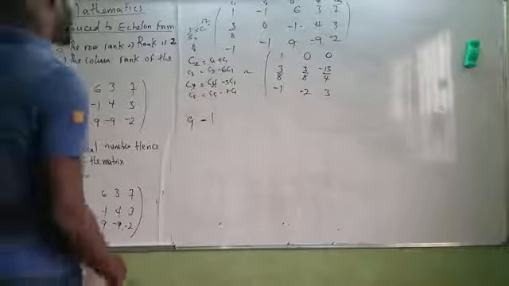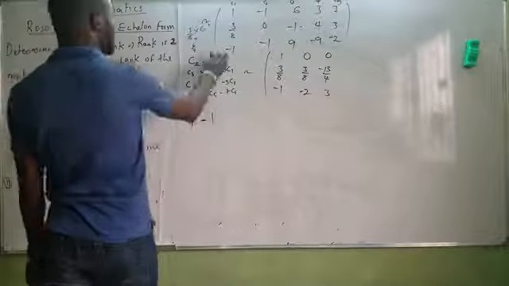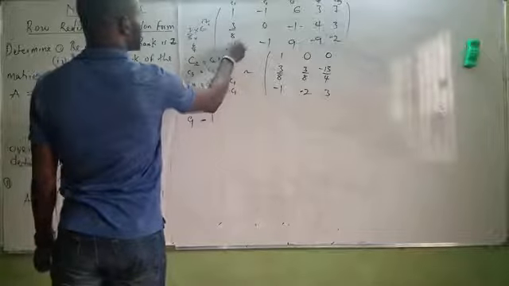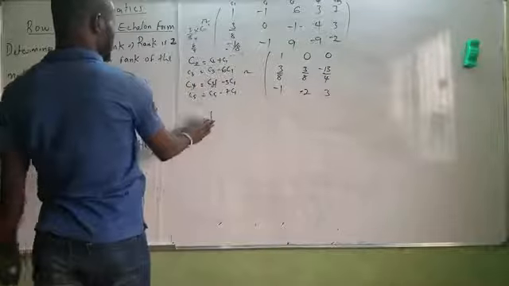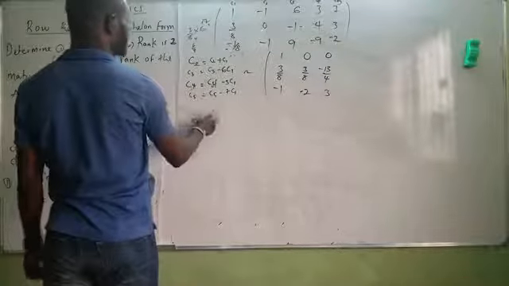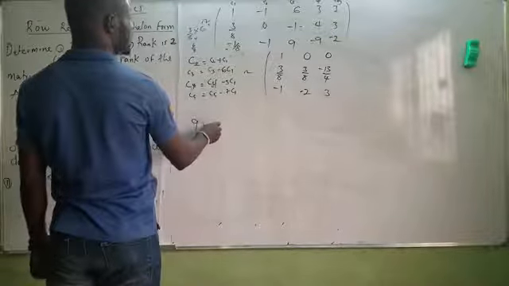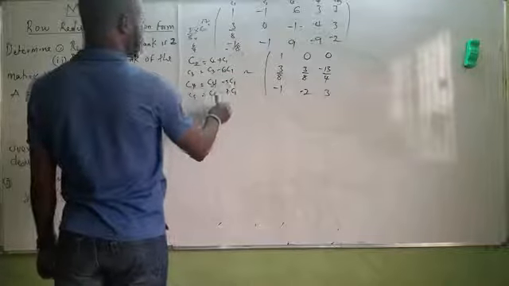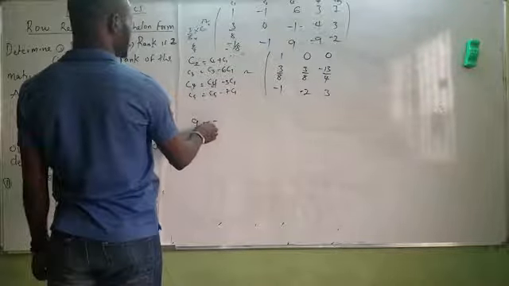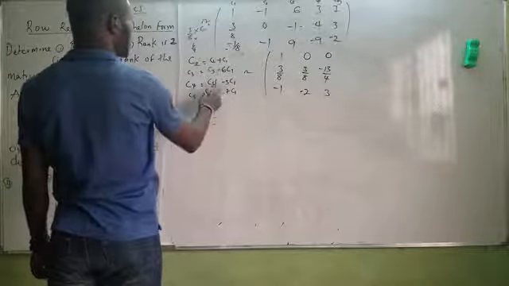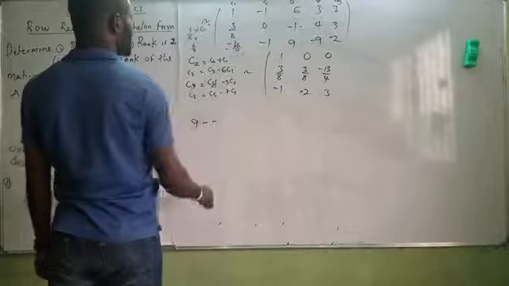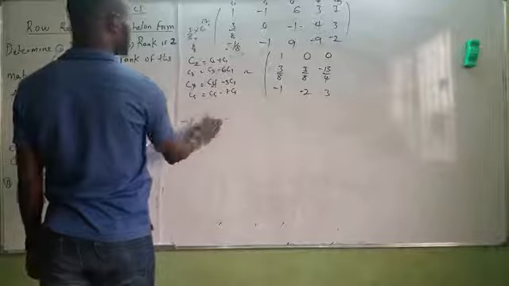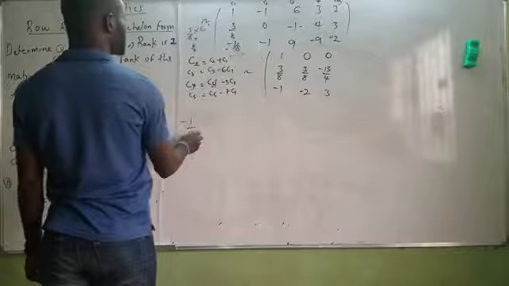Of C1, this is going to be 8 minus 1 all over 8. It means I'm talking about 9 minus, now minus 1 all over 8.